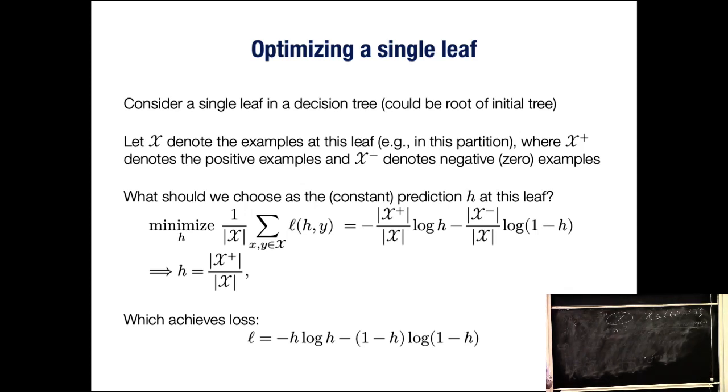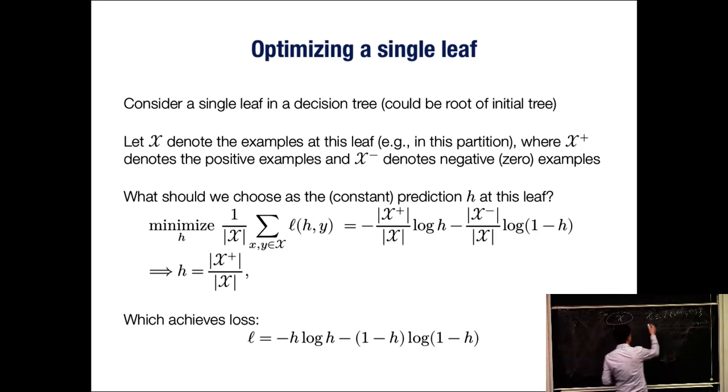Okay? Well, it's sort of obvious, right? What you do, the thing you should predict, is exactly the same as our estimate for a Bernoulli random variable. Remember, all we're trying to do here really is just minimize the loss we suffer when we make our prediction.